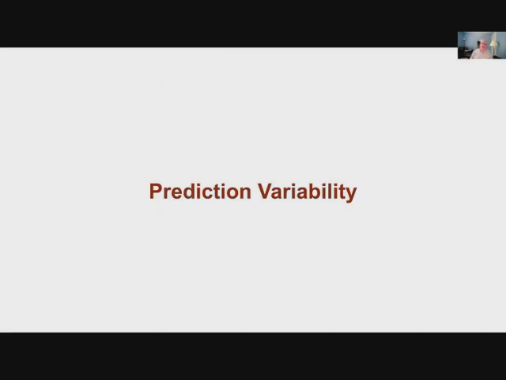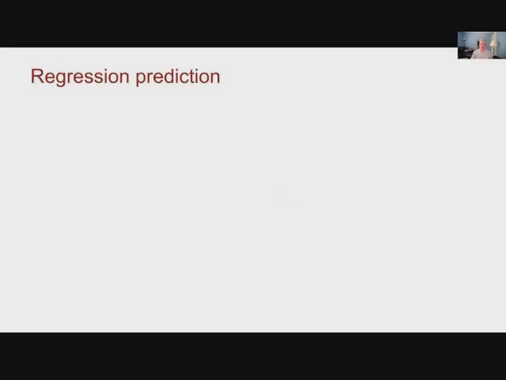We generate this regression model, and then we generate our prediction. So one of the things we would like to know is how accurate, how confident we are in that prediction. What are the confidence intervals of that prediction? Another way of saying that, what is the variability of this prediction? And so we're going to look at techniques for how we can do that.